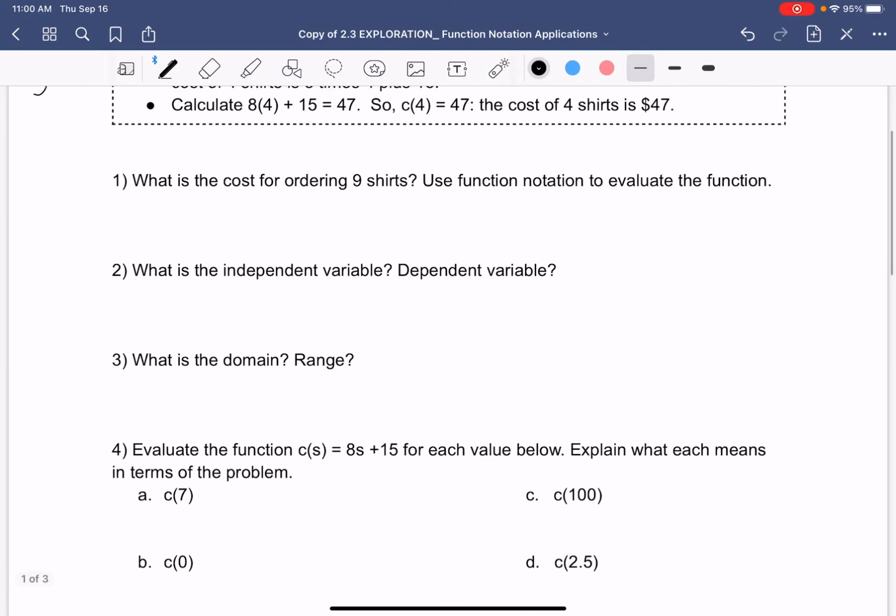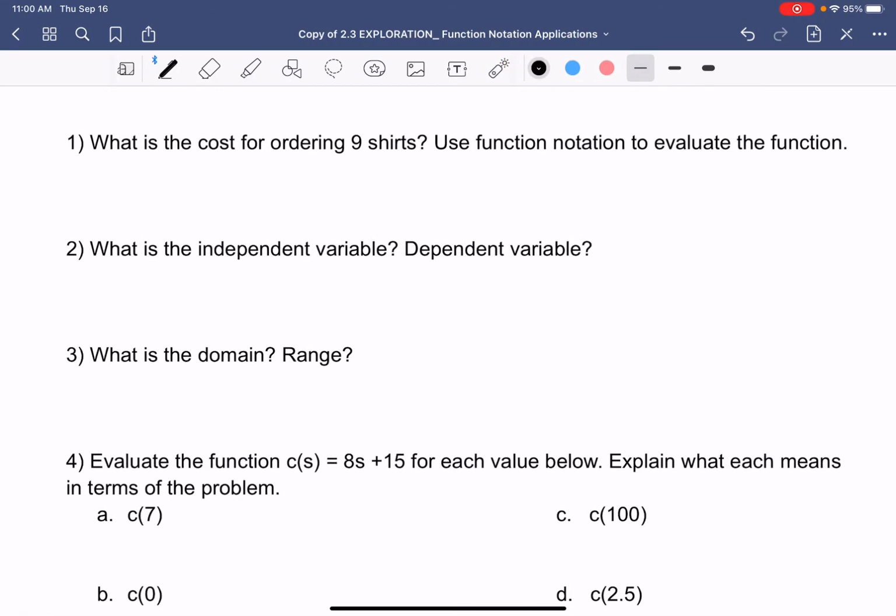So let's do an example. What is the cost of ordering 9 shirts? Use function notation to evaluate the function. If our function notation is the cost of shirts equals 8 times the shirts plus 15, and we want to order 9 shirts, I'm going to plug in 9 for S. So it's the cost of 9 shirts equals 8 times 9 plus 15.